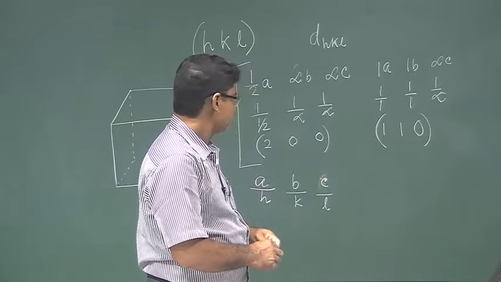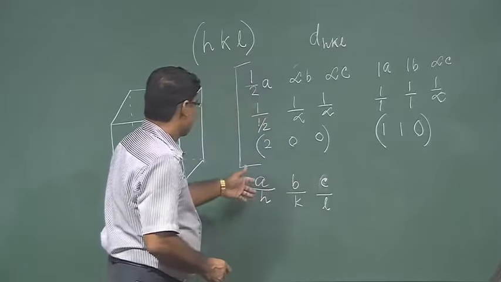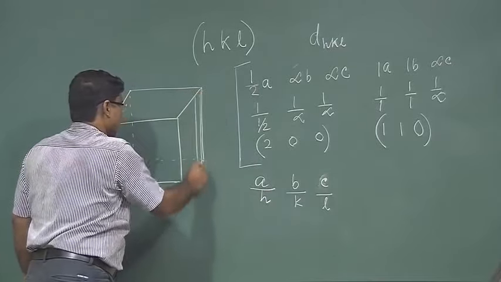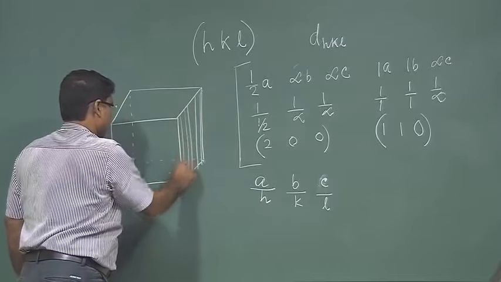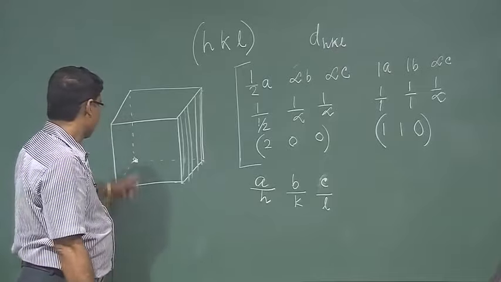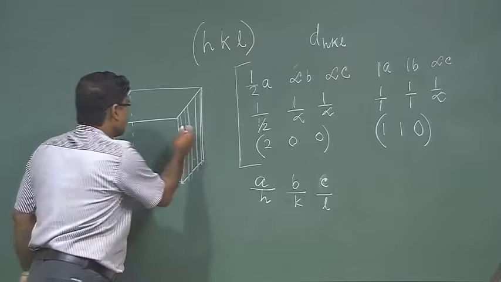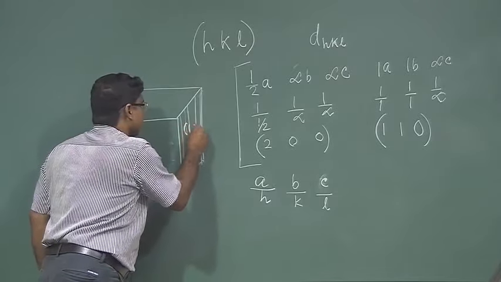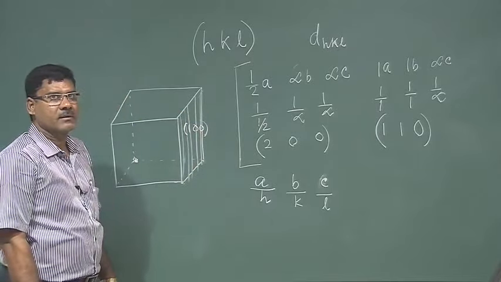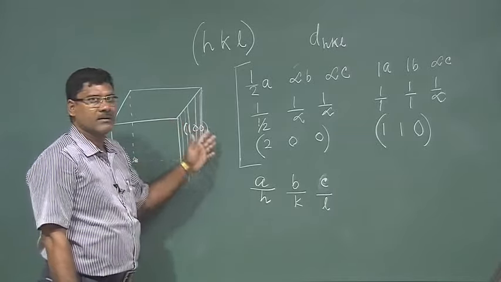For these planes, say, if I take this as the origin, and I tell this is the 1 0 0 plane, where will it intersect on the axis?